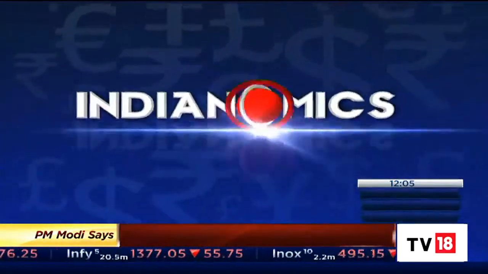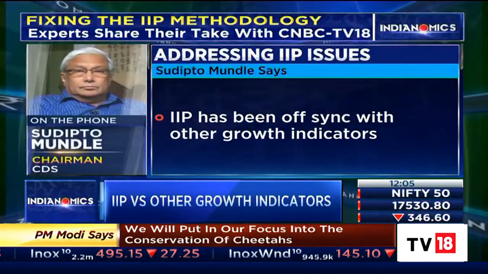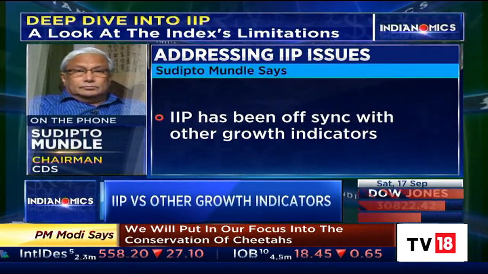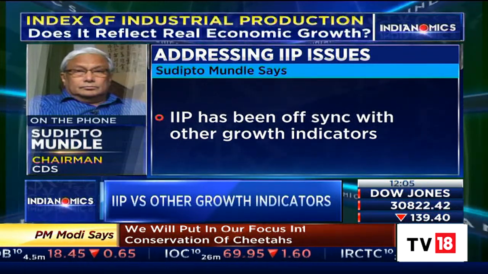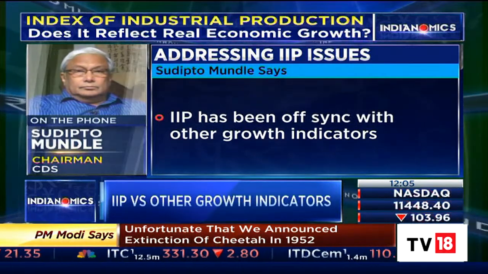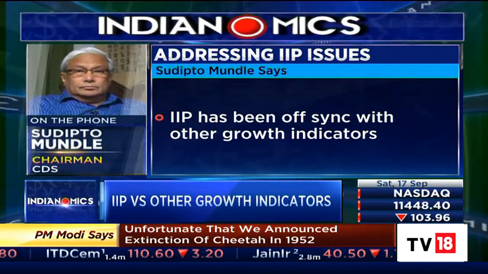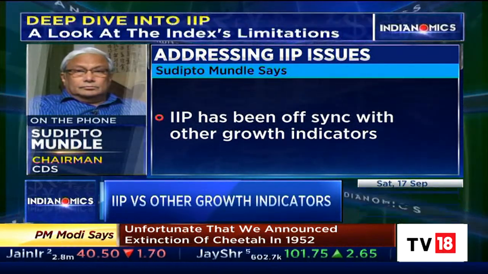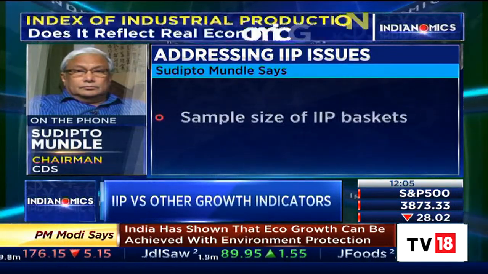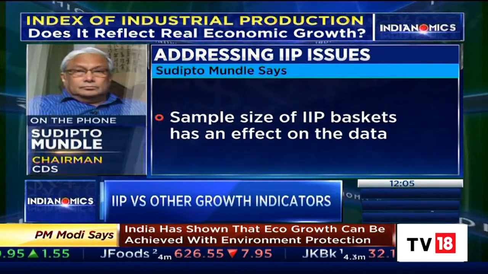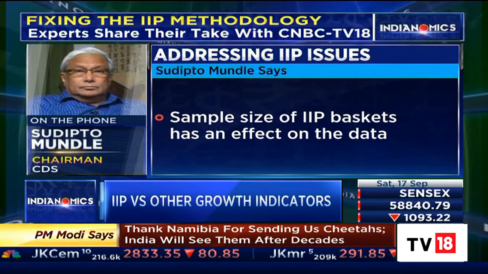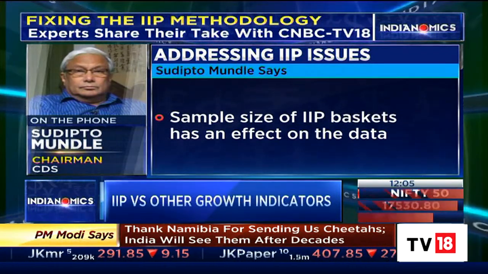Yes, Latha, you're absolutely right that the IIP has been out of sync with many other indicators, whether you call it high frequency indicators or other indicators. And the reason, I think, is mainly because of the sample that you have. And I should say, by the way, that Dr. Manna is my go-to person. I need to know something about these things.